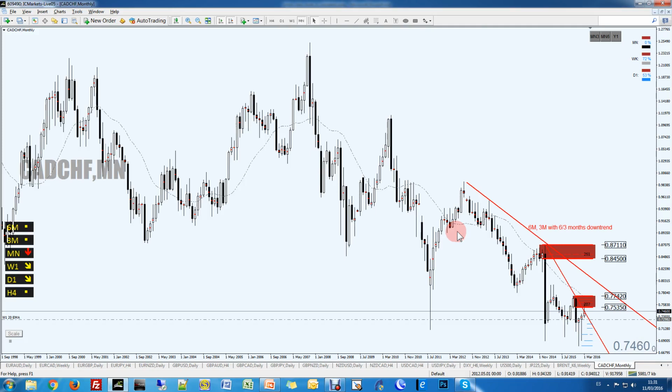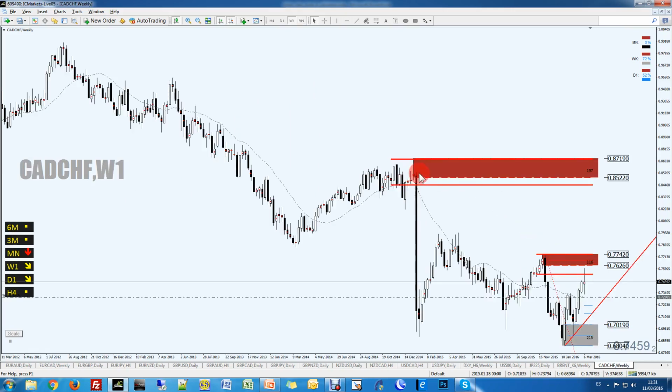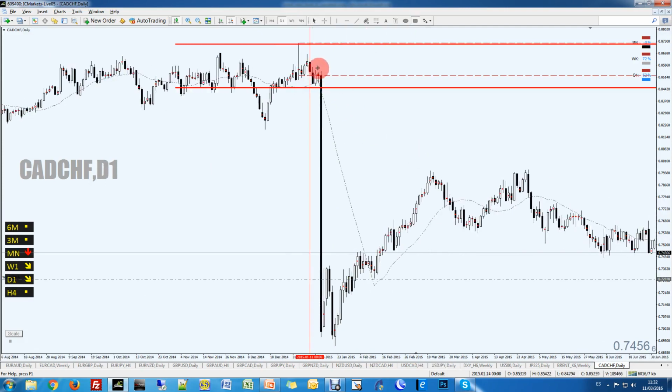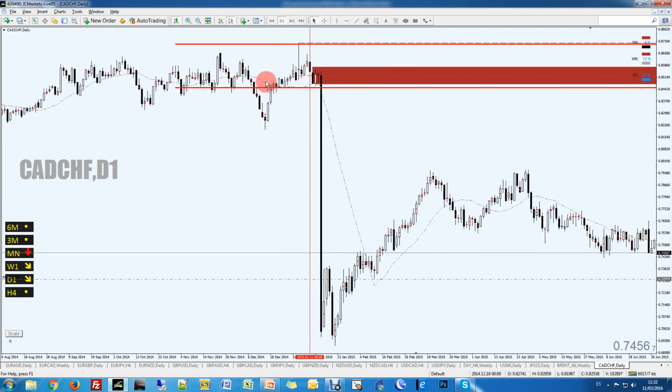expecting price will reach the opposing area and from there continue shorting. So here on the 3 months, we have a weekly area of supply very strong, and then if we drill it down, we'll press V for vertical line for the indicator that we have the shortcuts, A for disable the auto scroll, and then move the rectangle, and I press 3 for time frame on the daily, and we've got the greatest imbalance ever on this chart.